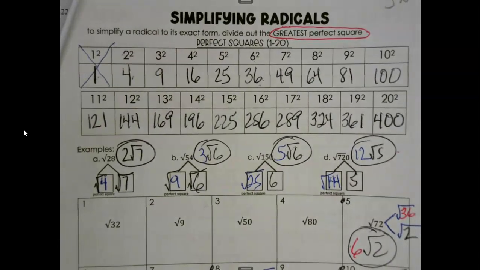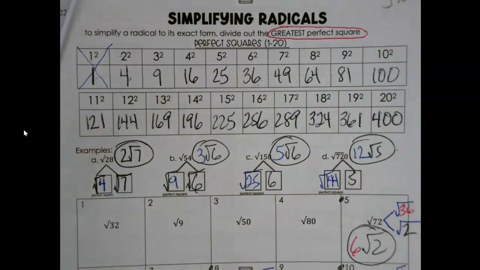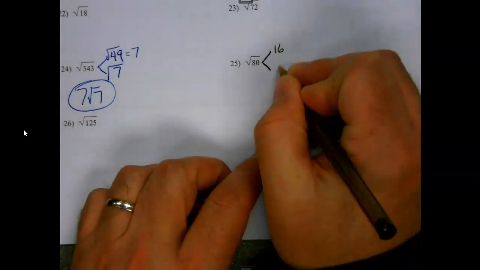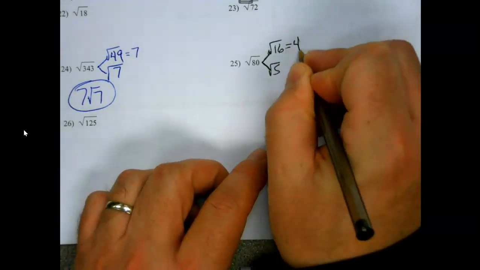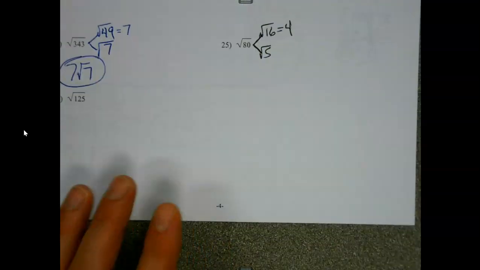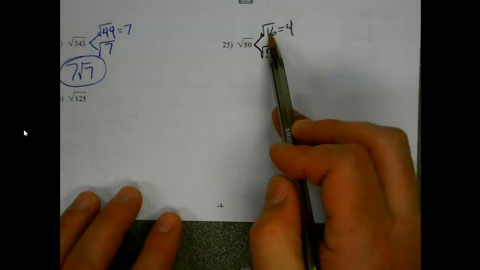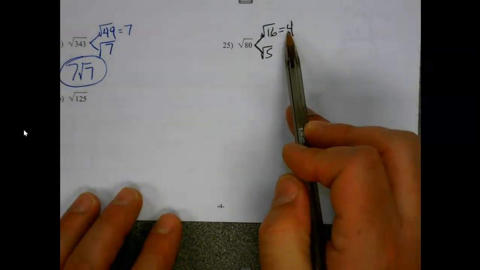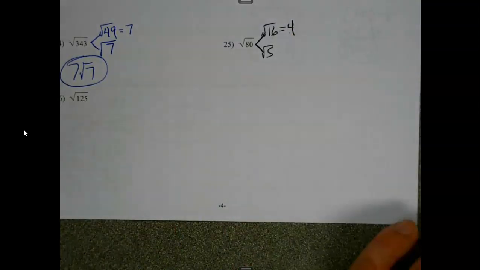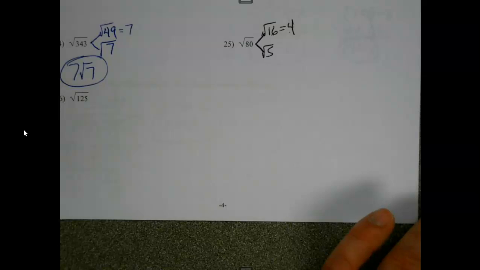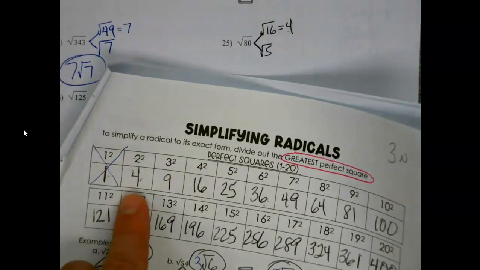Get my list up here. 16. So the square root of 16 is 4. Notice, as soon as you do it the radical is gone. The reason I say that is sometimes people will look when it breaks down and it's 4, and they're going to be like, hey, 4 is a perfect square.